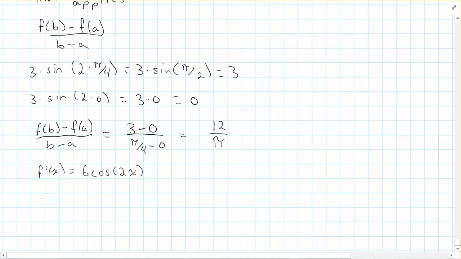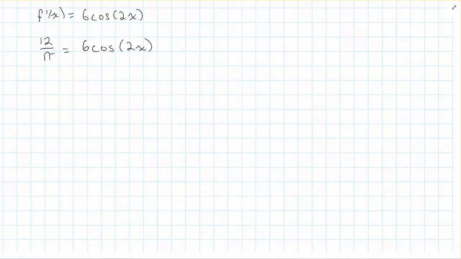So then we want to know, when is 12 over pi equal to 6 cosine of 2x. Now this is where you just have to use your calculator on some of this, because these numbers aren't going to be pretty. So you get 2 over pi is equal to cosine of 2x.